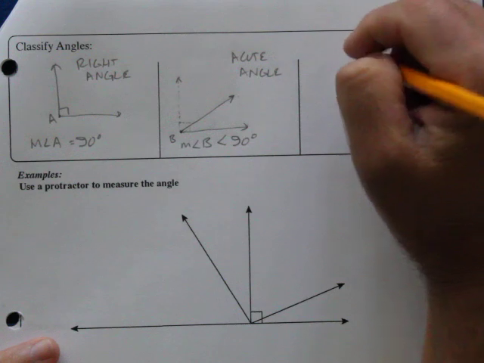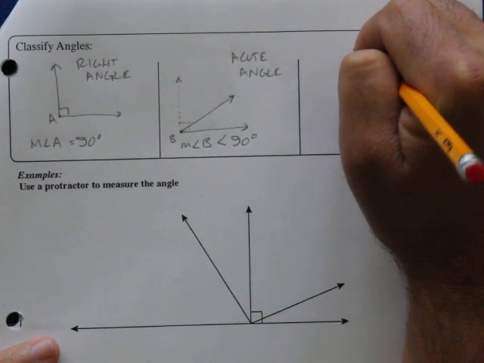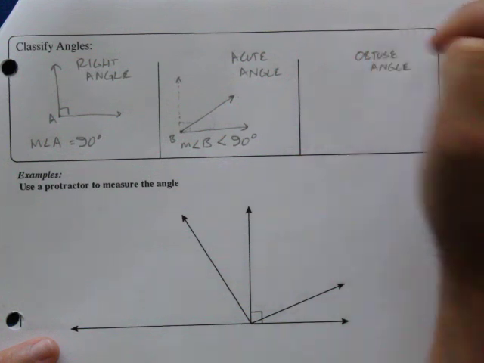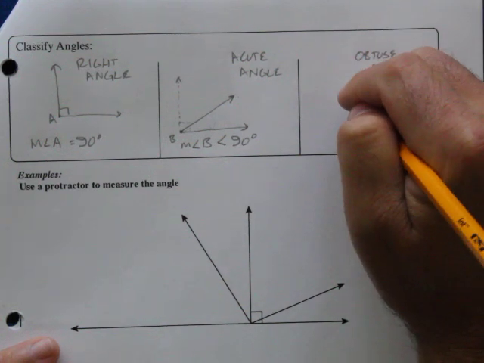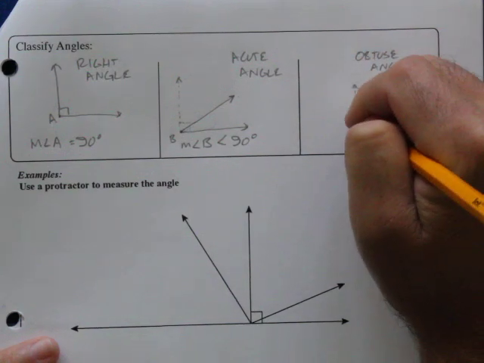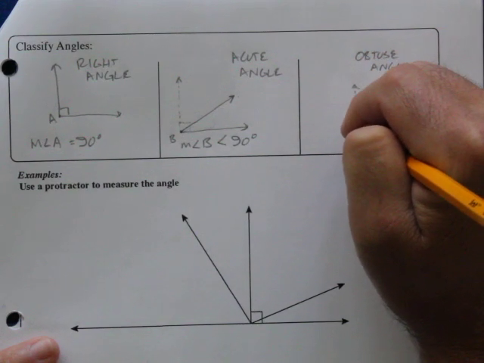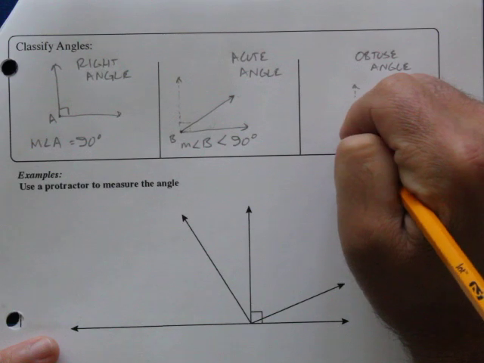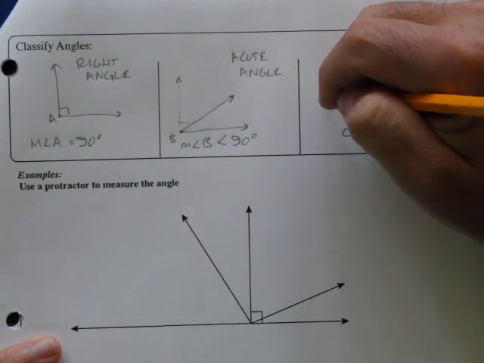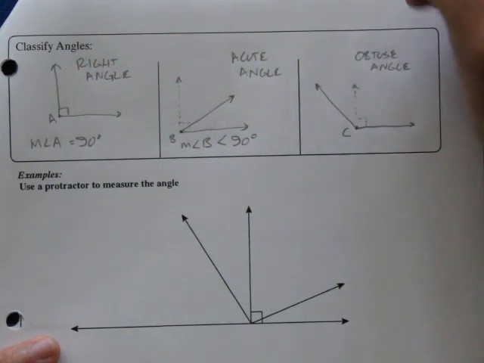Now an obtuse angle. I'm going to start with my 90-degree angle, my right angle. I'm going to call this vertex C, and then I've got my ray coming out like that.